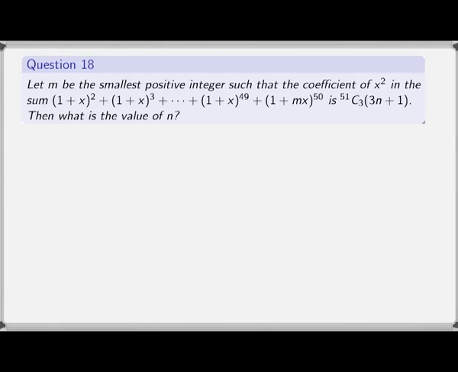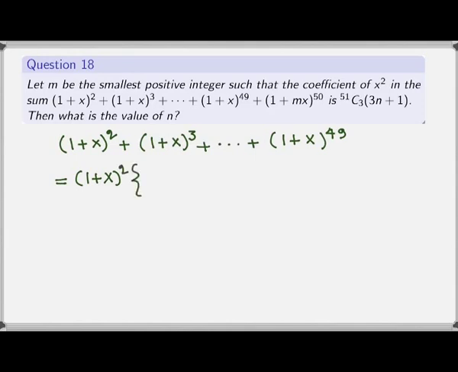Let us first write the sum (1 plus x) whole square plus (1 plus x) whole cube plus so on and so forth up to (1 plus x) whole to the power 49 as (1 plus x) whole square into [1 plus (1 plus x) plus so on and so forth up to the last term (1 plus x) whole to the power 47].